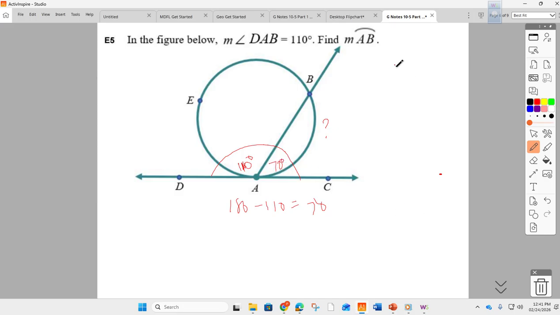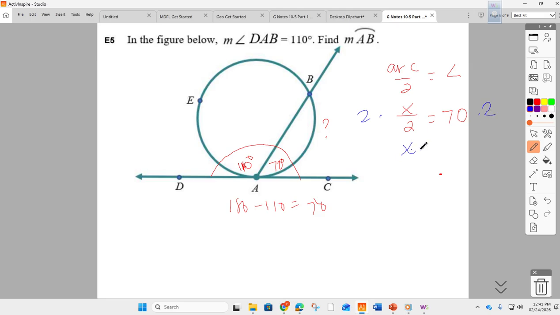So it's arc divided by 2 equals the angle. Arc is what we don't know, divided by 2 is equal to the angle that we do know. And then we're solving for x. So times 2 on both sides.